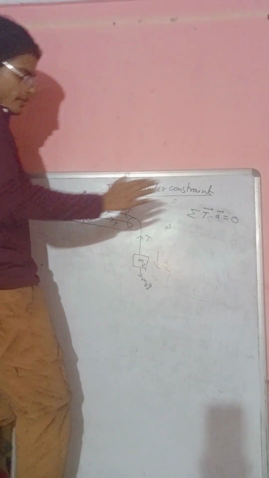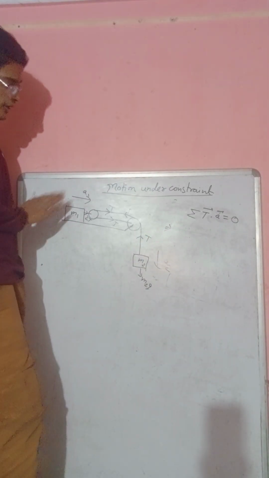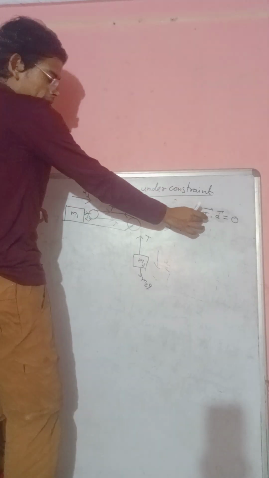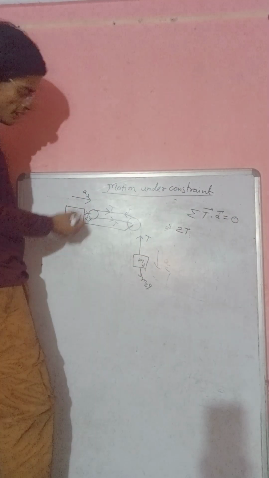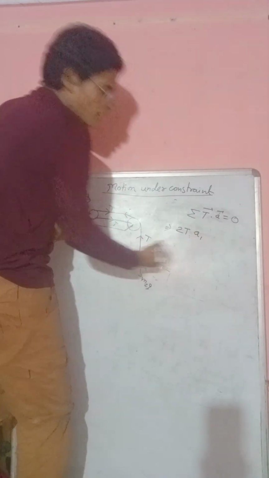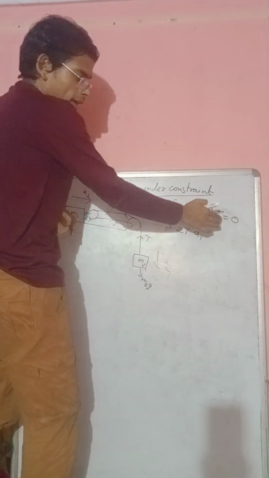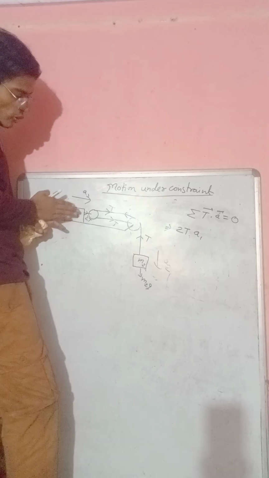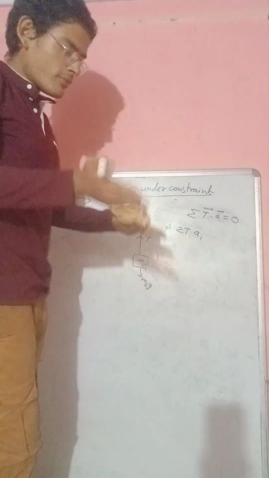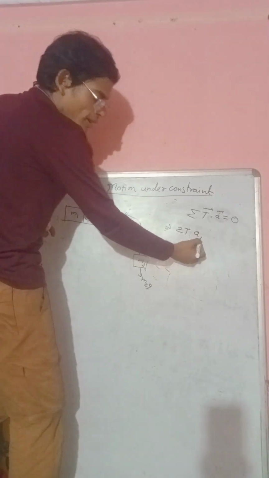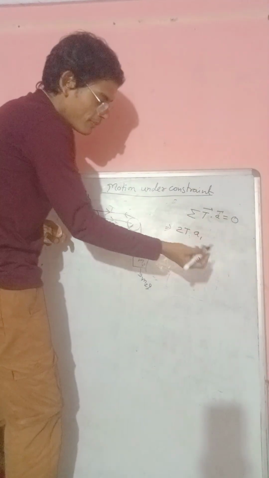So now for the block M1, T dot A. T is 2T multiplied by A1, T A cos theta. Now both are in the same direction. The angle is 0 degrees. So 2T A1 cos 0. Cos 0 is 1.